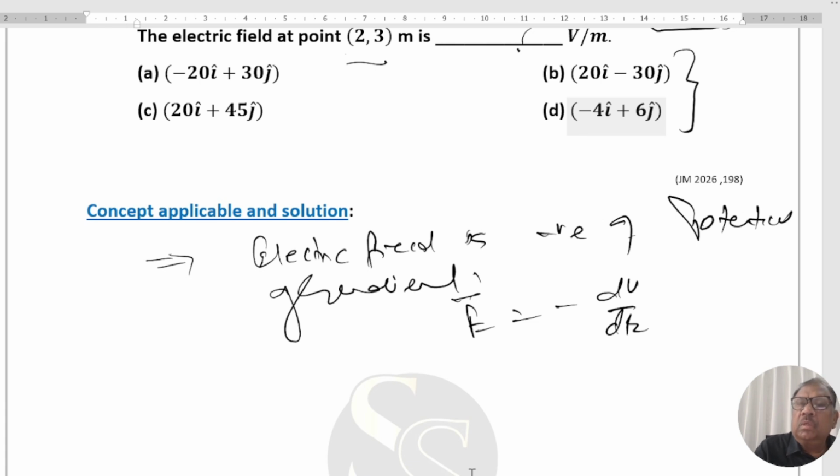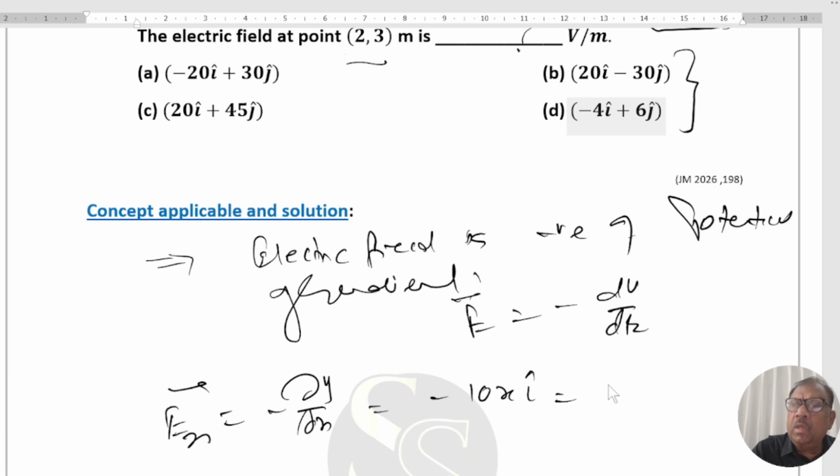Then Ex will be equal to minus the partial derivative. Partial derivative means differentiate the given voltage expression with respect to x, keeping all other terms constant. That comes to minus 10xi. At (2, 3) this will be equal to minus 20i.